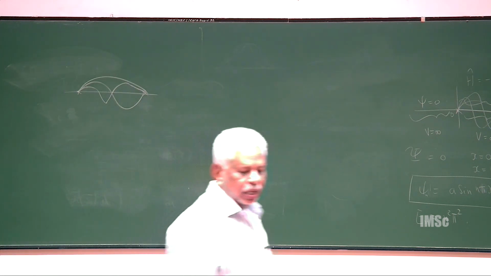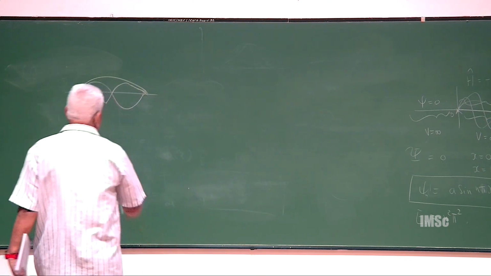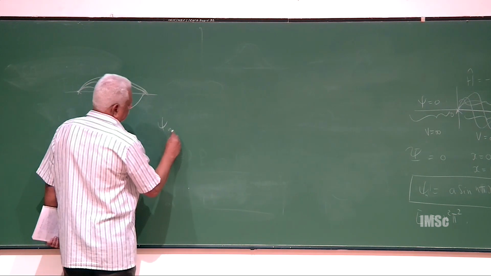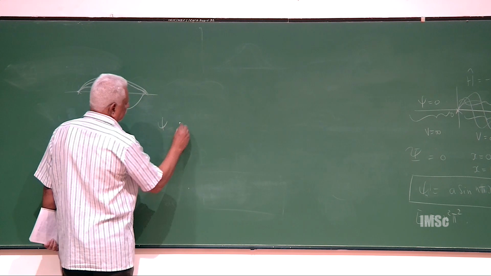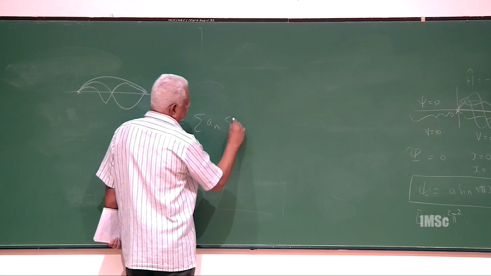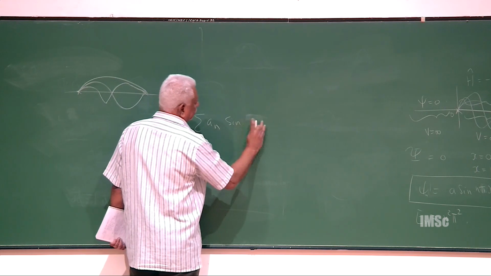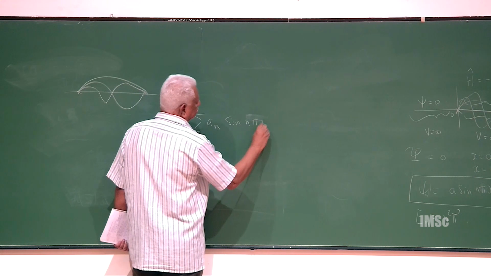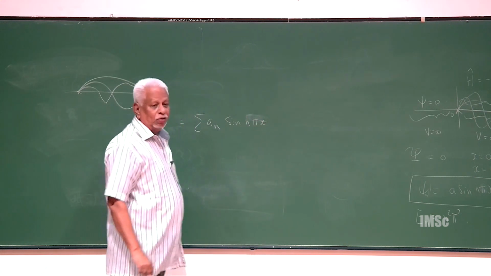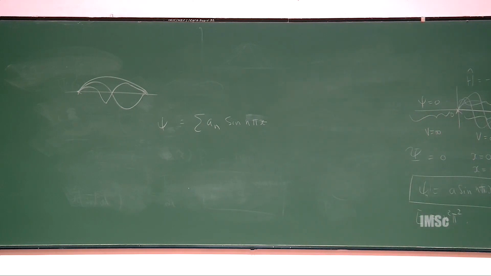An arbitrary function psi is a sum of a n sine n pi x. I don't know whether you have done Fourier series. Have you done Fourier series? What I'm doing is only Fourier series.